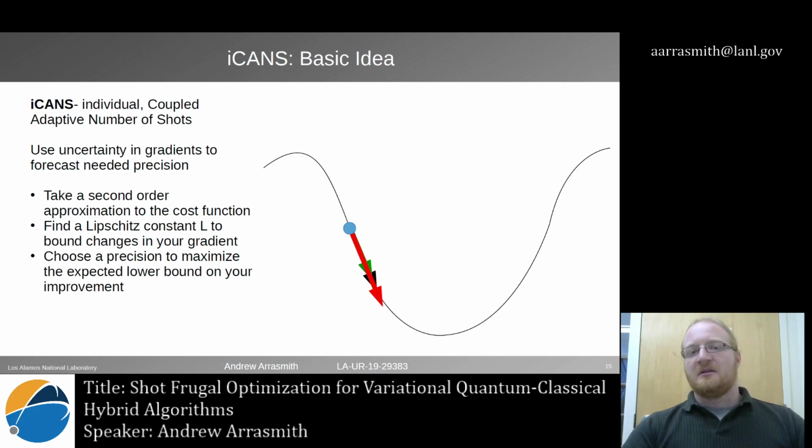With this second order approximation and a Lipschitz bound, we can define a worst case scenario where the cost function turns up as fast as possible, and we use that to decide how precise we need to be. So if this is very tight, then we need to be more precise so we don't end up potentially overshooting and risking going uphill rather than down with the update step.